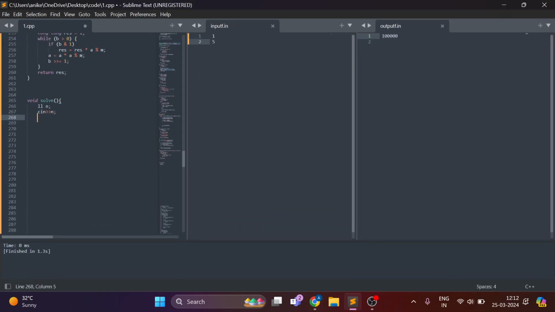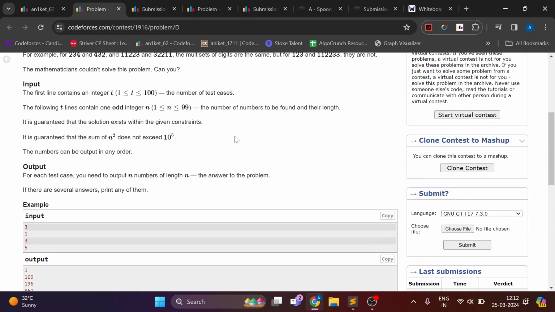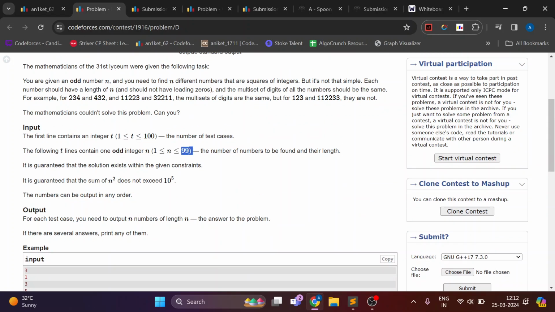So first of all, when I read this question, I was clueless, but then I saw that n is 99. N being 99 means we have to print numbers which contain 99 digits. So we cannot deal with a number that high in C++.